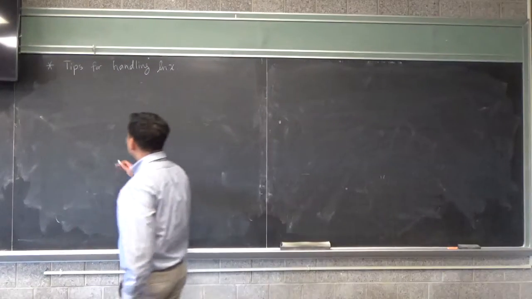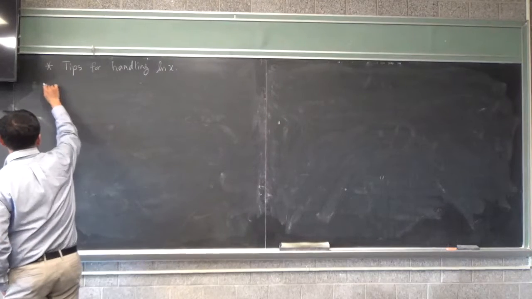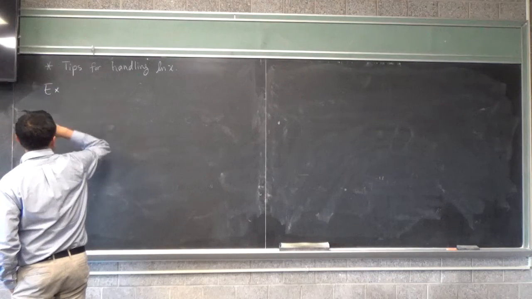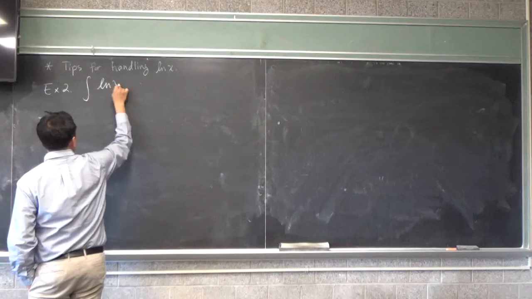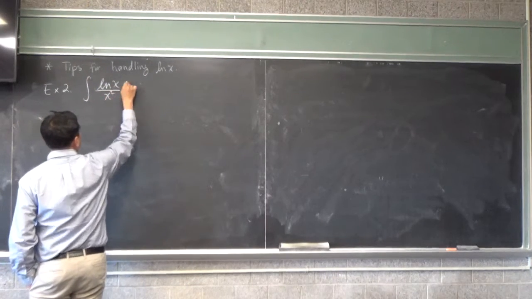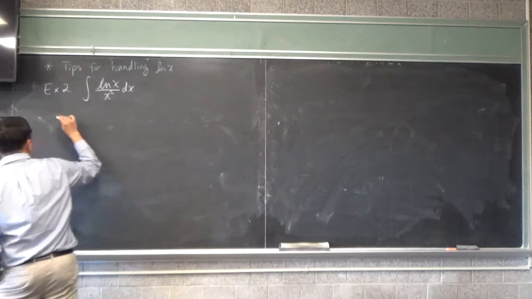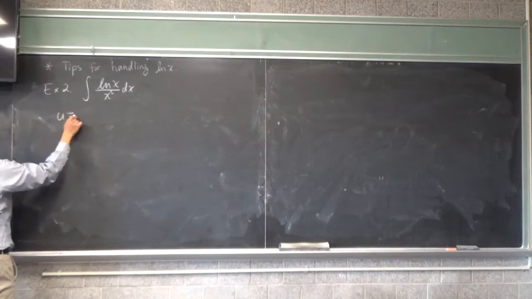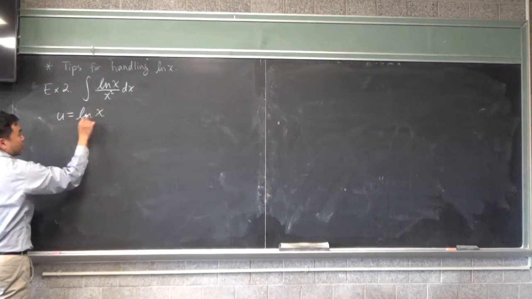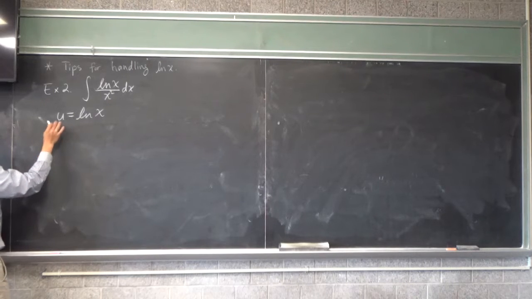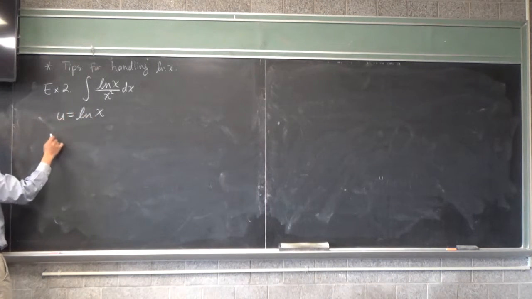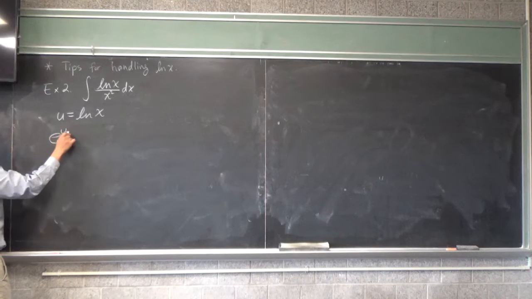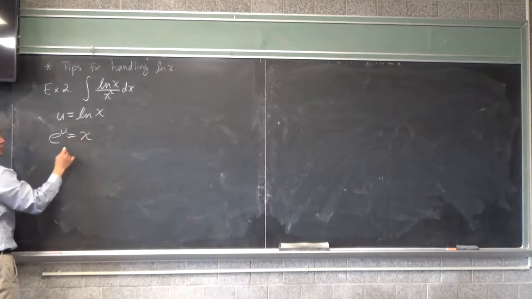Here's another example where you have ln of x, and you can convert it using u equals ln of x. If you exponentiate both sides, e and ln cancel, so you have e to the u equals just x.